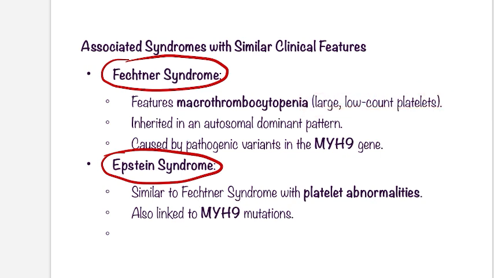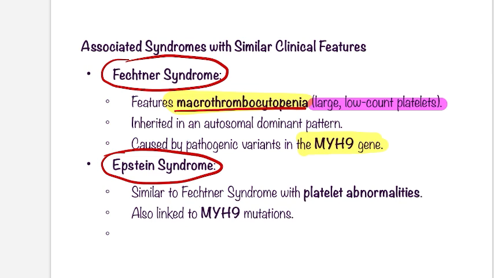This is very important: large platelets with a low platelet count. This is called macrothrombocytopenia. In which syndrome is macrothrombocytopenia seen? Fechner syndrome. And which gene is associated? The MYH9 gene.